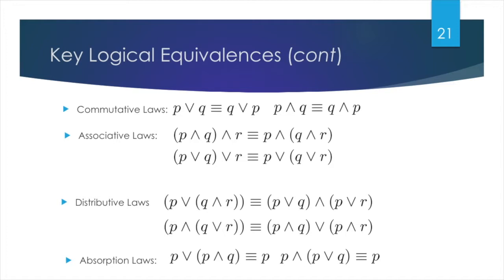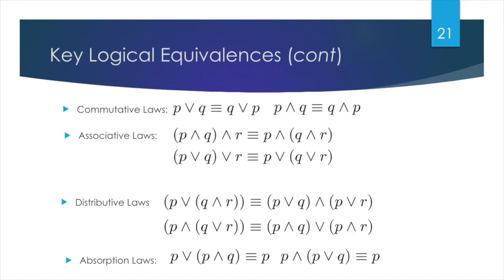The distributive law. Now, if we have a logical statement where we have P or, and then nested parentheses with Q and R, we can distribute the first OR over the parentheses. So we will take, for example, P or Q, and this will be AND P or R. That's it, guys.